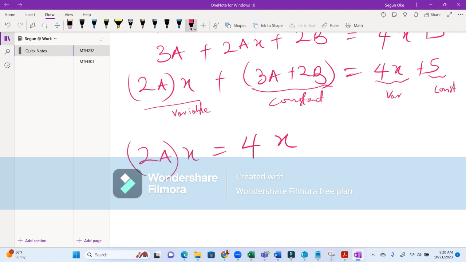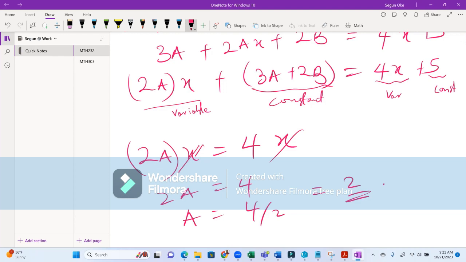Do you agree now? Yes, sir. The x's go with x. 2 equal to 4. So we have to say 2a equals to 4. a equals to what? 4 over 2, which is equals to 2. Do we all agree? Yes.